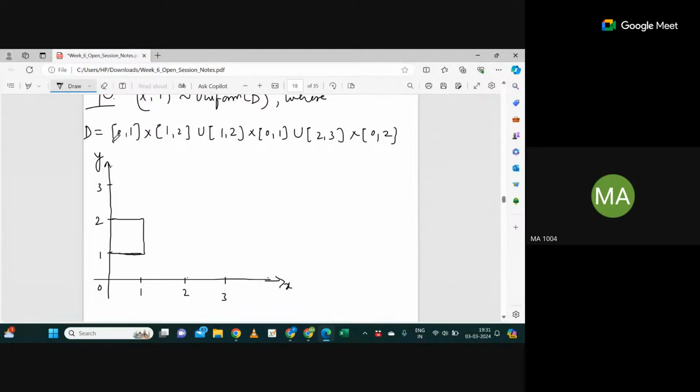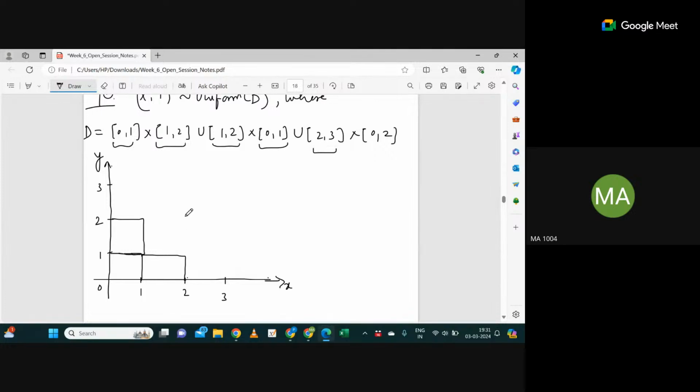Yes or no? This is 0 to 1 and 1 to 2, correct? Union 1 to 2 and 0 to 1, so x is 1 to 2, y is 0 to 1. That means this one. Then x is 2 to 3, y is 0 to 2.